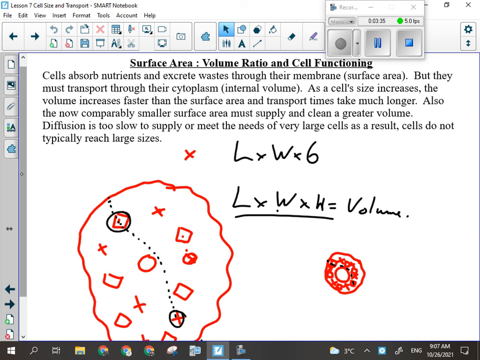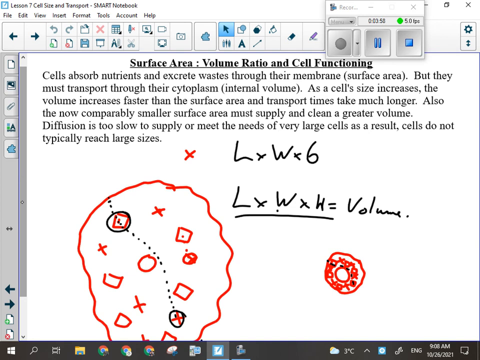If those distances are really large, then the cell's going to have problems, because it's going to take a long time to move material, because diffusion is slow, but remember that diffusion also spreads everything out. Okay? So the bigger the cell is, the less efficient it's going to become at transporting material because of diffusion.